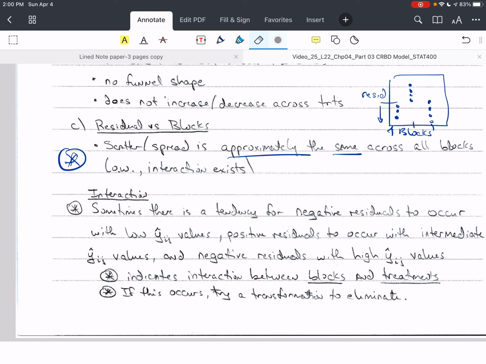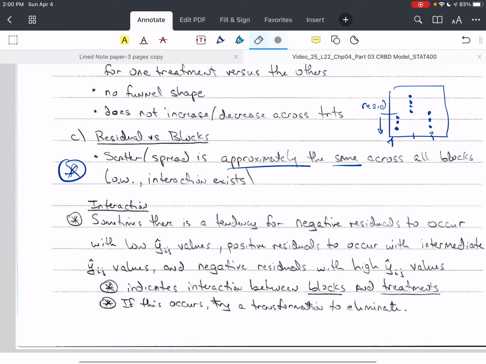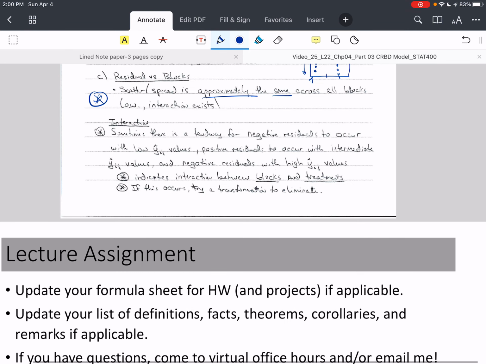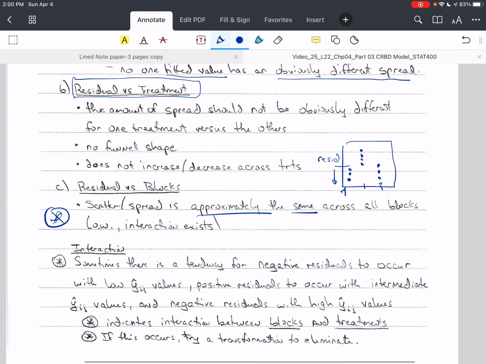I'm sorry, it's not across blocks, it's across the fitted values. So we don't look at the blocks to find interaction. We look at Yij hat, okay? So for the low values of Yij hat, we'd have a negative residual.